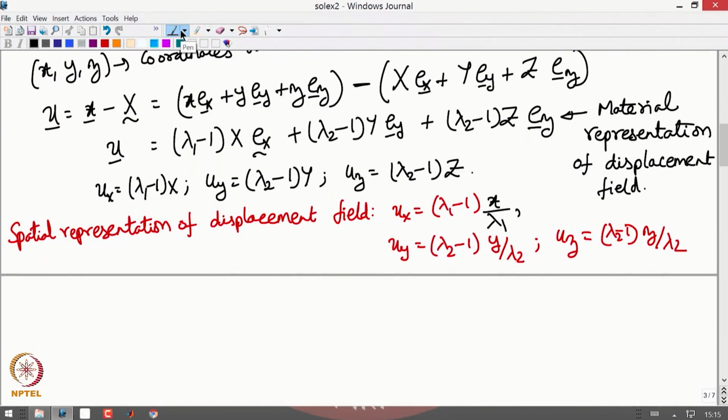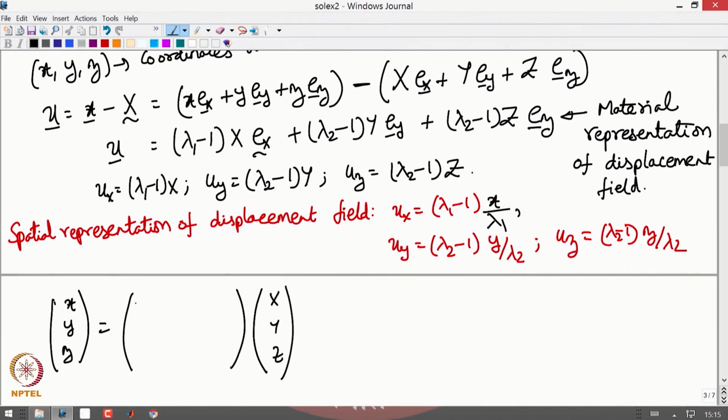In general, if small x, small y, small z and capital X, capital Y and capital Z are related through a linear equation, then you can write small x, small y, small z as some matrix times capital X, capital Y, capital Z, wherein this matrix will be F11, F12, F13, F21, F22, F23, F31, F32, F33.